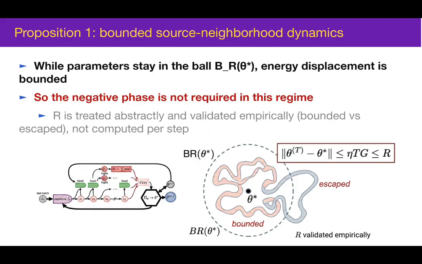And if it stays bounded, then we do not need the negative phase at all in this zone. So that wall we removed, it turns out we do not need it as long as we stay near the source. One honest note: the size of this zone I treat a bit abstractly and check in experiments. I do not compute it exactly step by step.